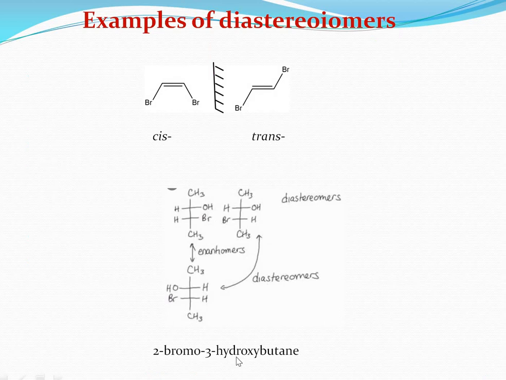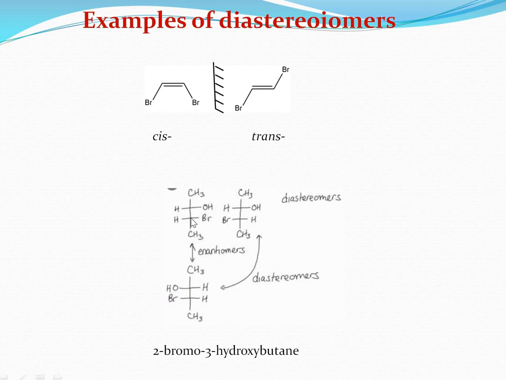These are some examples of diastereomers. In the case of geometrical isomers, dibromoethylene, this is the cis and this is the trans. So these are examples of diastereomers. In the case of 2-bromo-3-hydroxybutane, in this first, second and third, what is the difference between first and second?